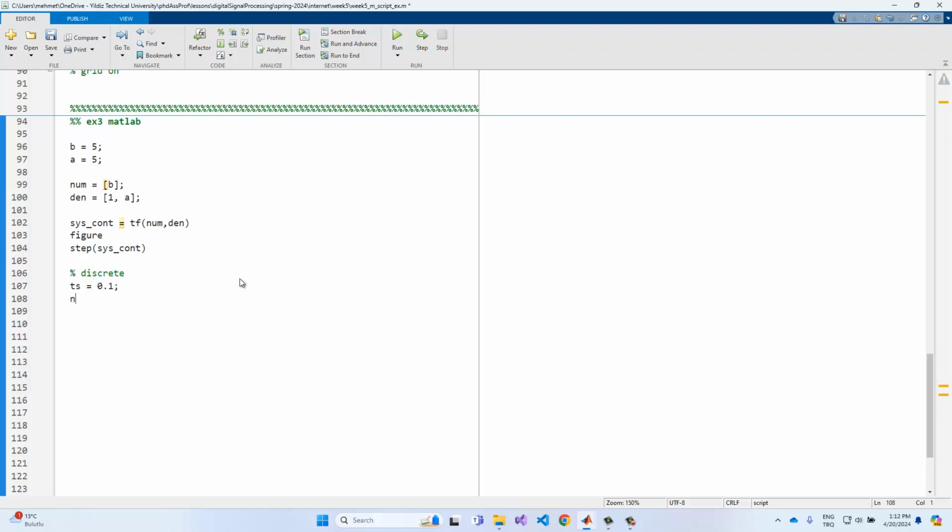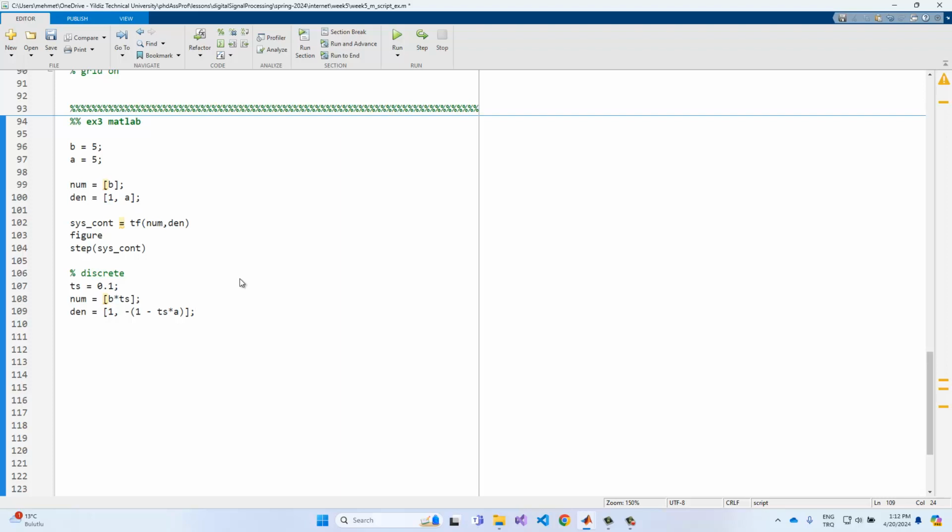The num can be assigned with b times ts, because our conversion is based on the forward difference equation. And we can give the denominator in here, 1 comma minus 1 minus ts times a.